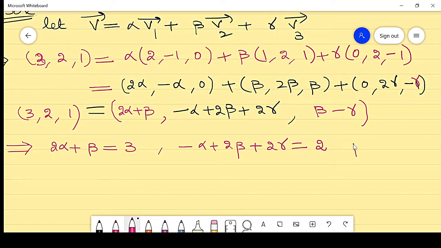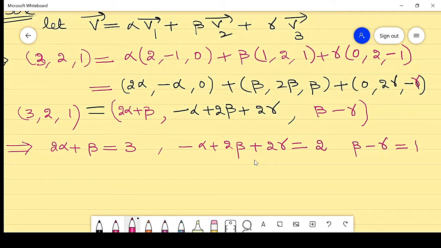And third, beta minus gamma is equal to 1. So we have 3 equations, and from them I want to find alpha, beta and gamma. This is equation number 1, equation number 2, and equation number 3.